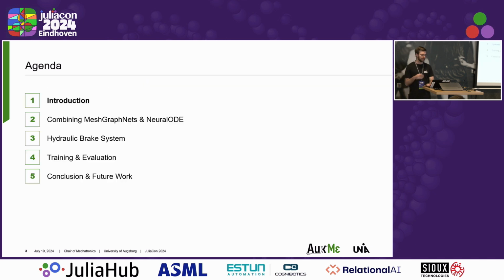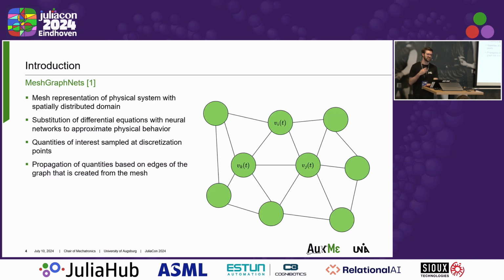So I'll just start with a quick introduction. So what exactly are MeshGraphNets? MeshGraphNets are a graph neural network. So at the base layer, it's just a neural network approach. And the idea is that you have a spatially distributed system. So for example, the example that I showed at the beginning is a spatially distributed domain.